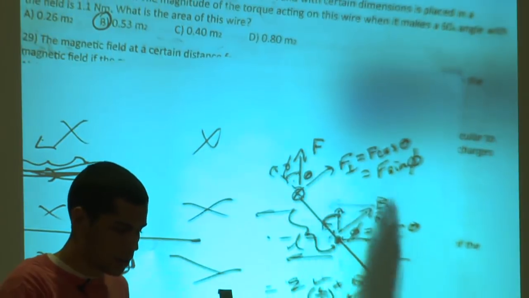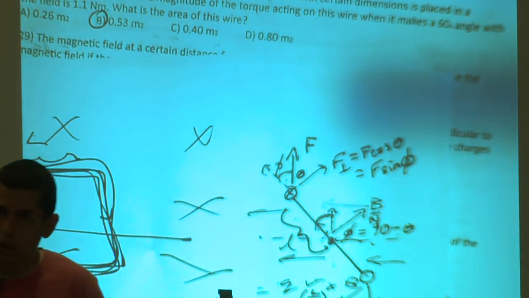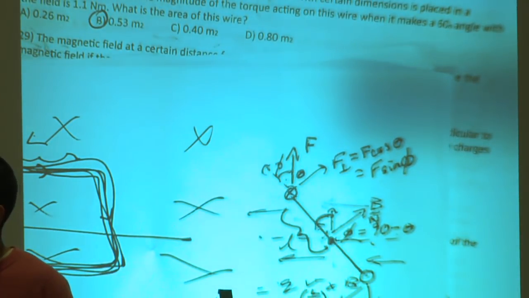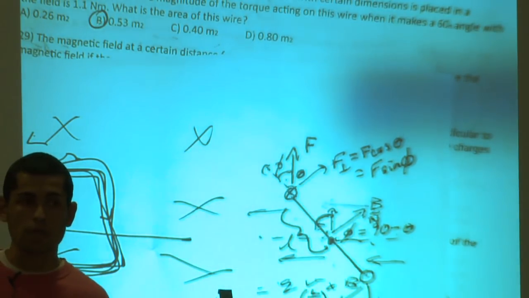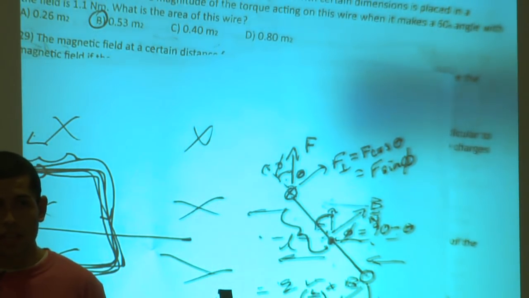Or you can just look at your triangles and decide: do I want to do 90 minus the angle they give me, or do I want to do cosine instead of sine of the angle they gave me?